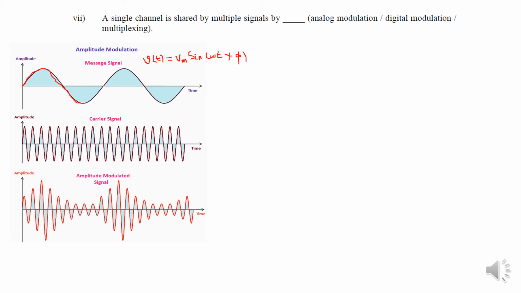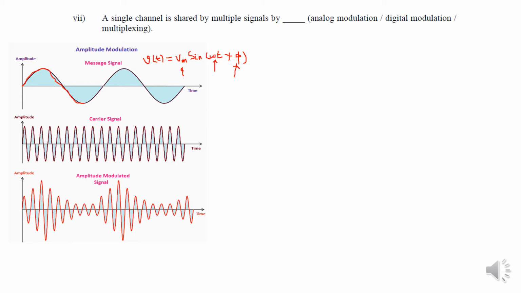So there are three components. Basically this component is the amplitude part, this omega is the frequency part, and this phi is the phase part. Any electrical signal has three components: one is the amplitude, another is the frequency, and another is phi, the phase.